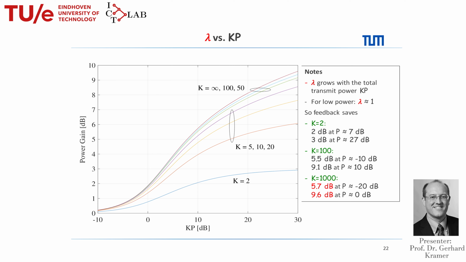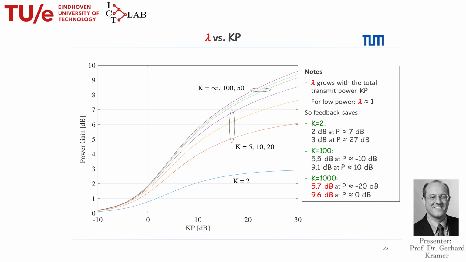Then you can get power gains of around 8 dB through feedback, which is pretty good. Right? That's not bad. That's like reducing the energy levels by a factor of approaching 10. Okay? For low total transmit powers, it turns out, you don't gain very much.